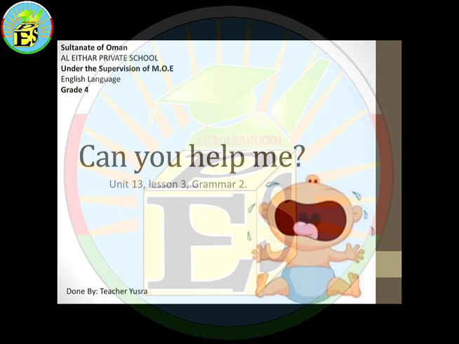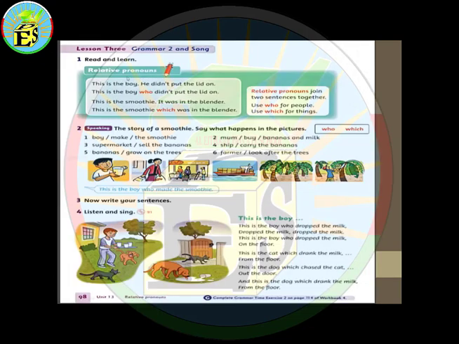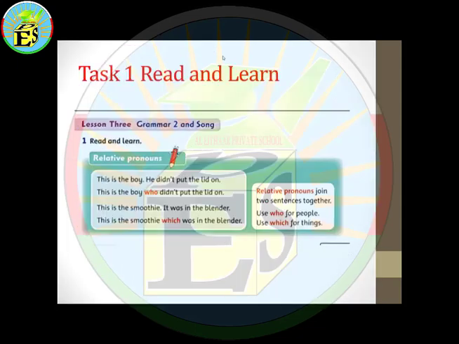I would like you to open your class books or student's book on this page right here. It's written up there, Lesson 3, Grammar 2, and a song. Once you're there, we're going to start with task number 1, which is read and learn.